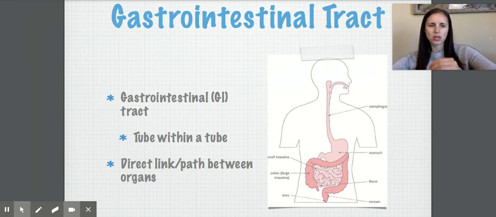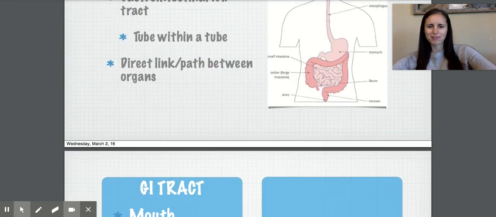So just because you put something in your mouth, just because it enters into your small intestine, doesn't mean that it can actually be used by your body. It has to actually absorb into your body to be passed down to your cells. So technically, even though this is inside your body, any food in your gastrointestinal tract is outside of your body. Kind of hard to think about, right?